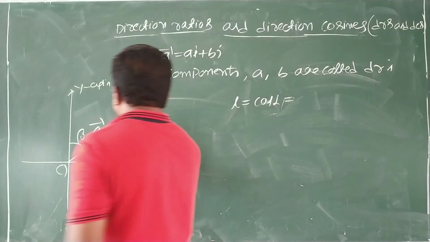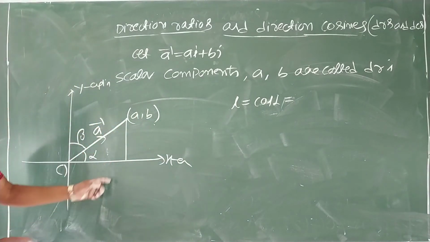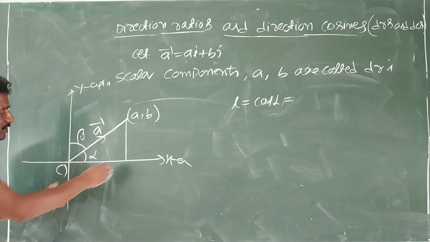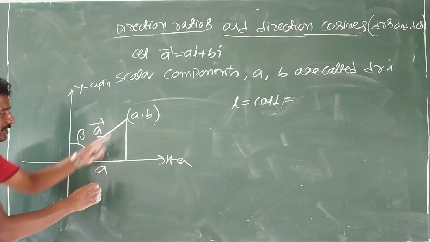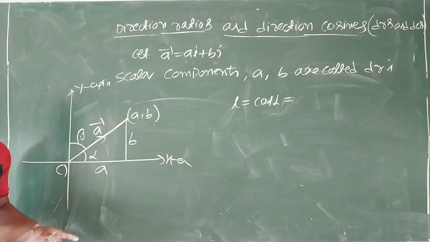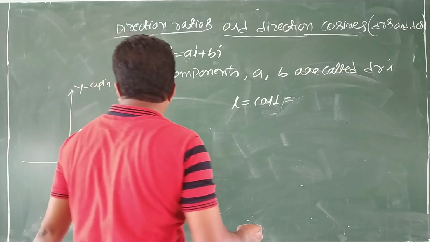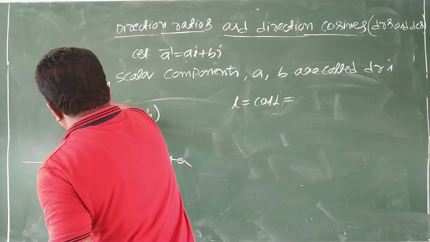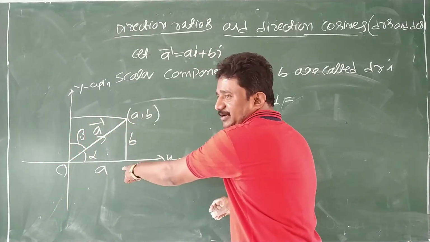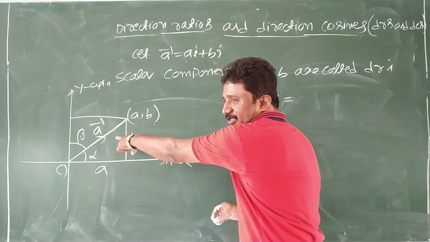So tell me cos alpha. Tell me this length, students. What is this length? a. Tell me this length. b. Tell me cos alpha from that. Adjacent by hypotenuse.